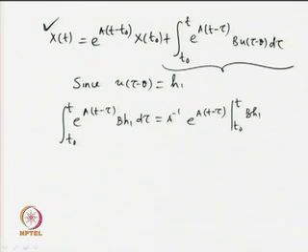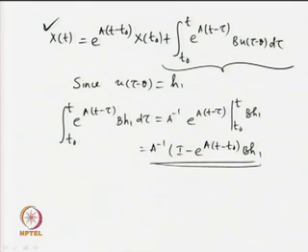When the limits are put in, we get it in the form of A inverse [I minus e to the power A(t minus t0)] B h1. Thus, we get the integral in this form.